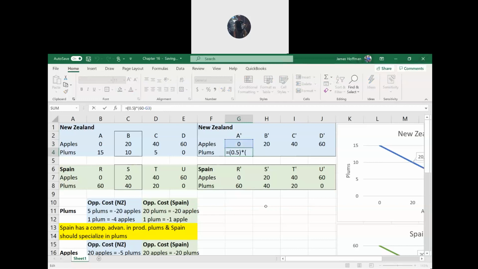Sorry, I'm just trying to write a formula. Because you get 2 apples for 1 plum, each apple is worth half a plum, right? So you get half of what you traded away. If we kept 0 apples, that means we traded 60 apples at half, and we get half a plum in return for each, which means we get 30. Okay, so if I apply this formula like this, yeah, that's right.